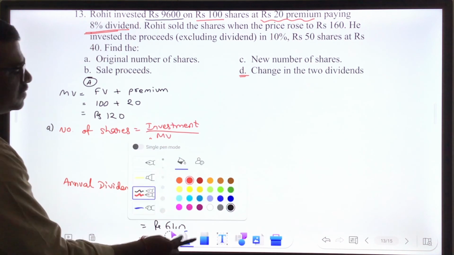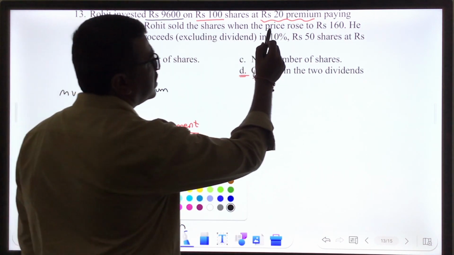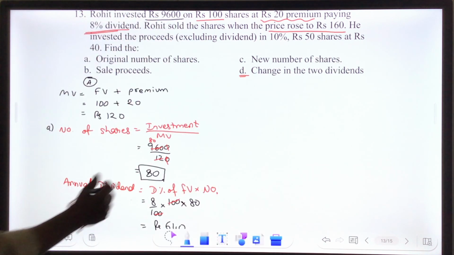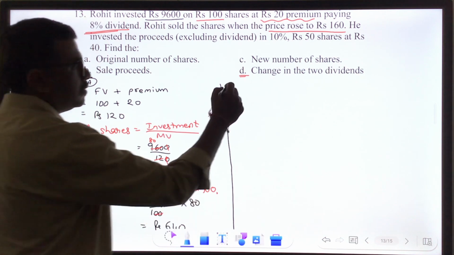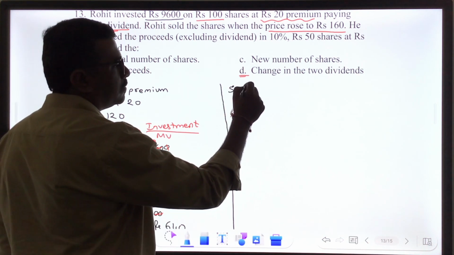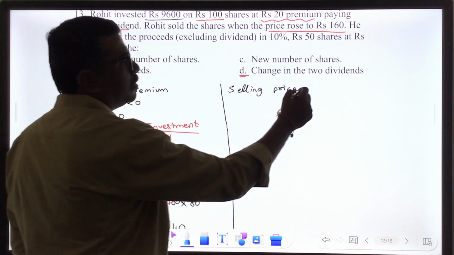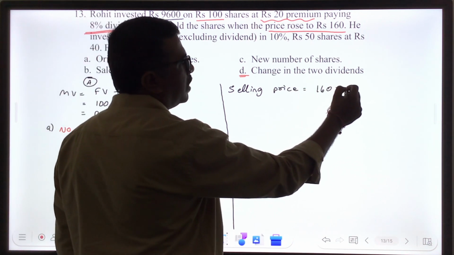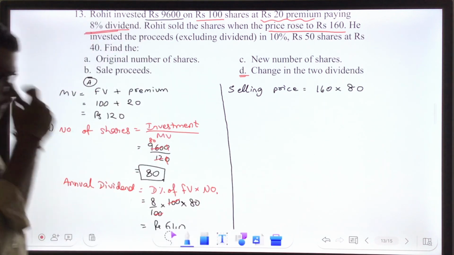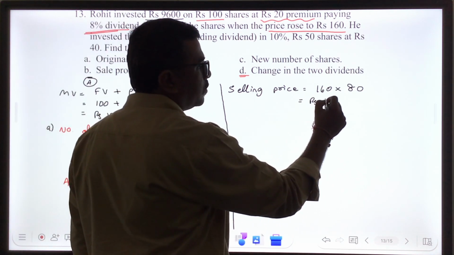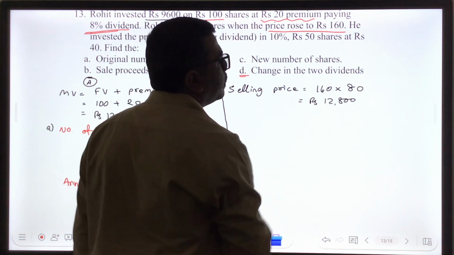The question says that Rohit sold his shares when price rose to rupees 160. So selling price will be rupees 160 into number of shares 80. So which gives rupees 12,800.